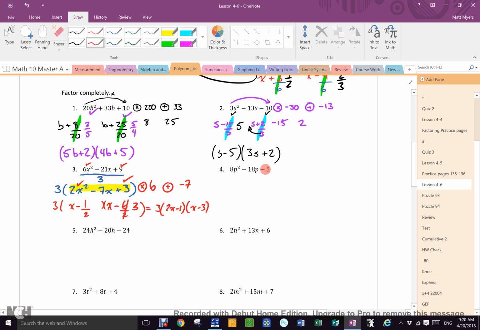What do I need? I need to multiply to what? Multiply to what kind of 40, Avery? -40, and add to what? -18. What is it?